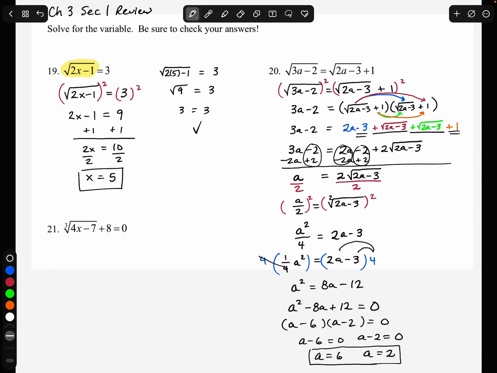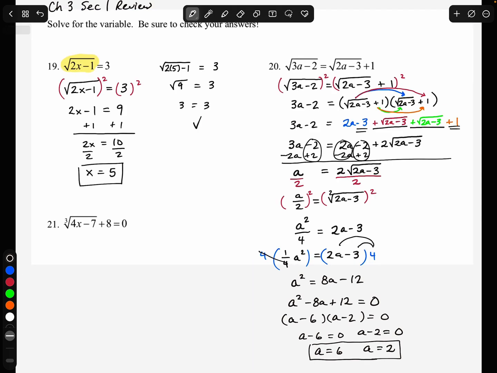So when we plug in 6, you can do this on a calculator or on your paper. I don't have a calculator handy at the moment, but I've got the square root of 3 times 6 minus 2. That would be my left side.